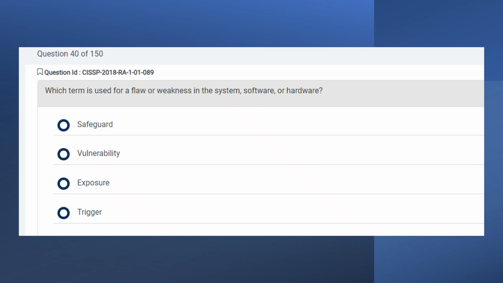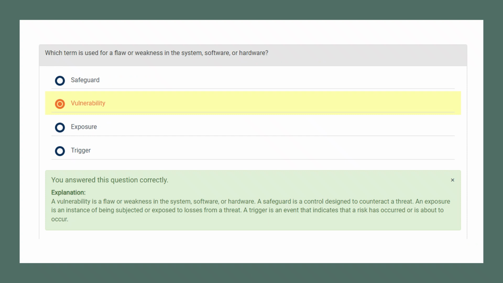Which term is used for a flaw or weakness in the system, software or hardware? A. Safeguard, B. Vulnerability, C. Exposure, D. Trigger. A vulnerability is a flaw or weakness in the system, software, or hardware.